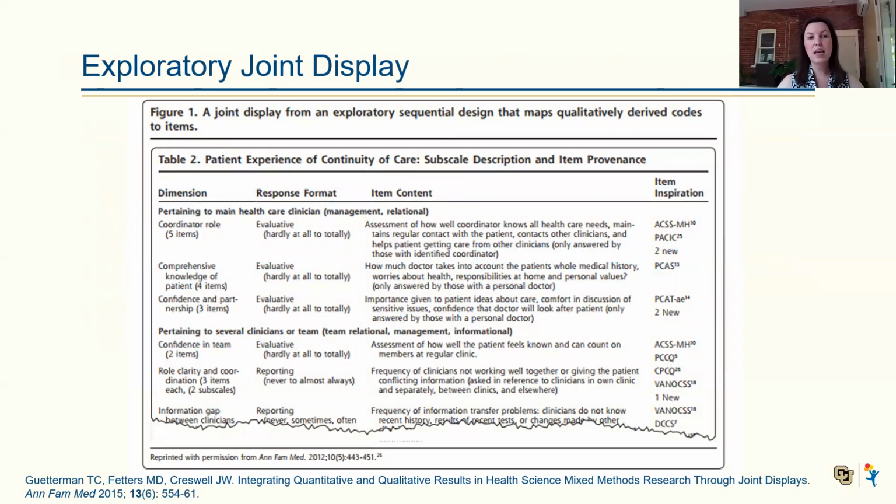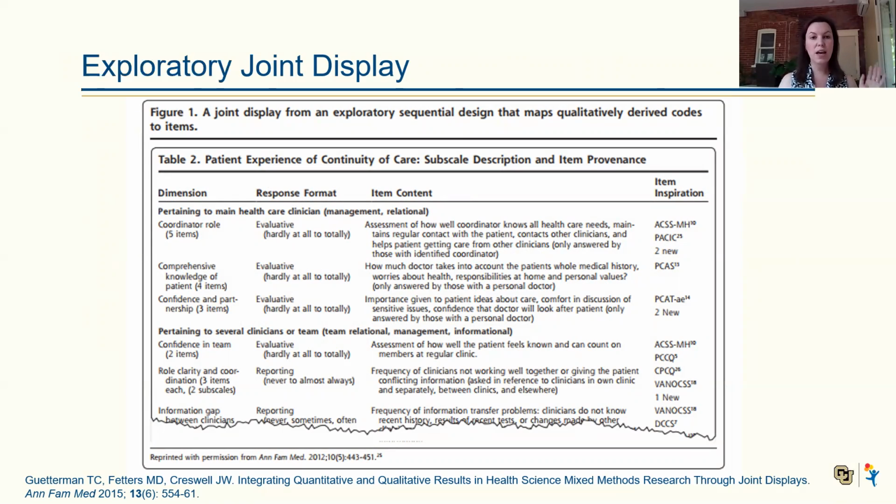So this is a joint display for an exploratory sequential study design. So really quickly, a joint display, like we're looking at here, is a way to share information with your audience about both your qualitative and your quantitative findings. So you can see on the very left-hand side of this table are our themes that the authors identified in their qualitative findings.